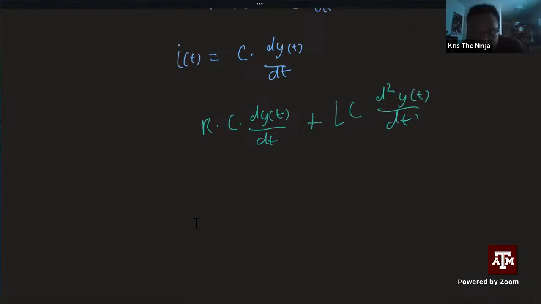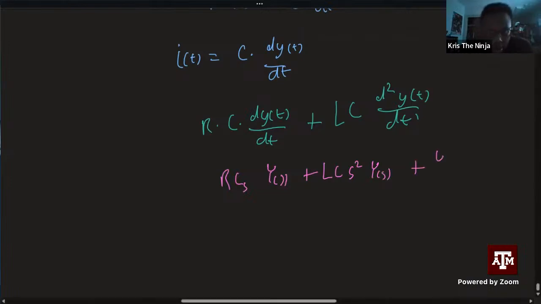If we get that in the S domain, so bring it back to the S domain, back to reality. Well, I guess imaginary land. You get RCS times Y(s), plus LC S squared Y(s), plus Y(s).